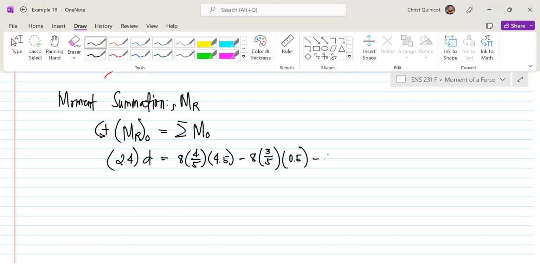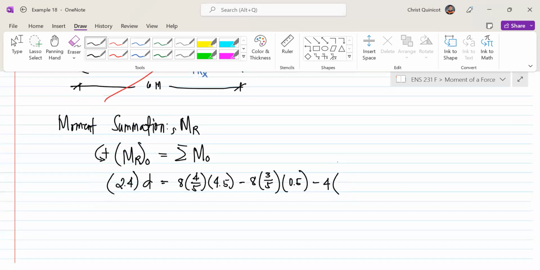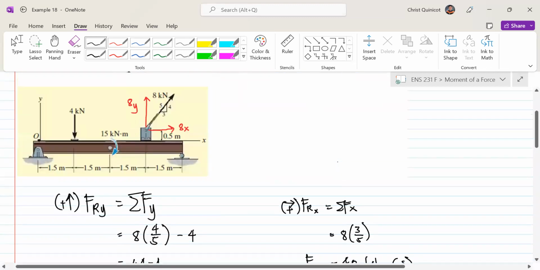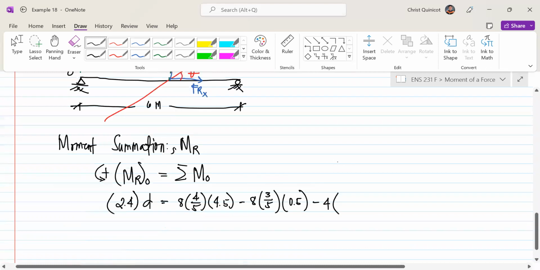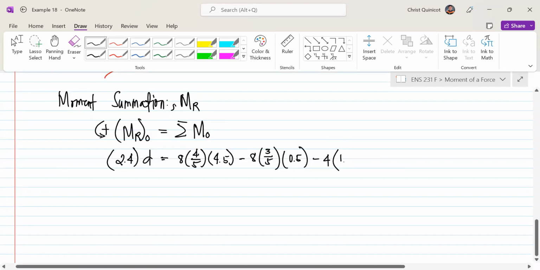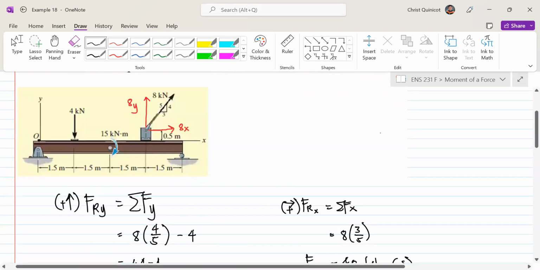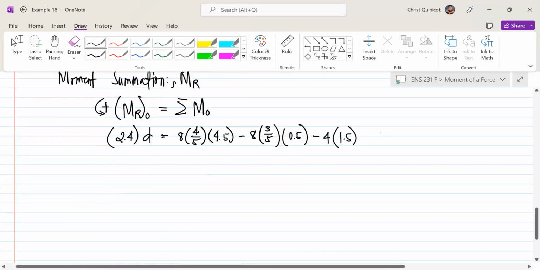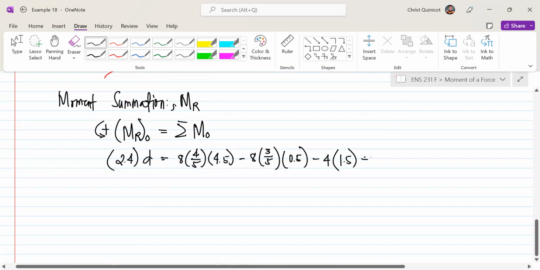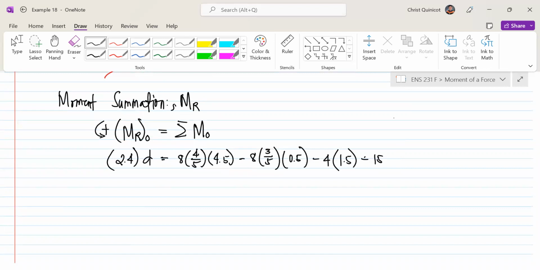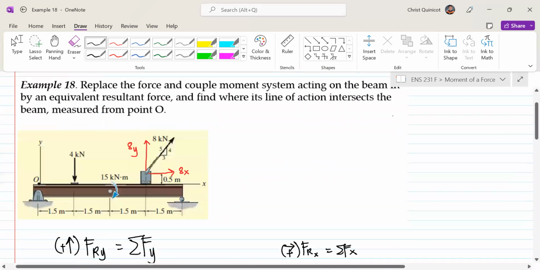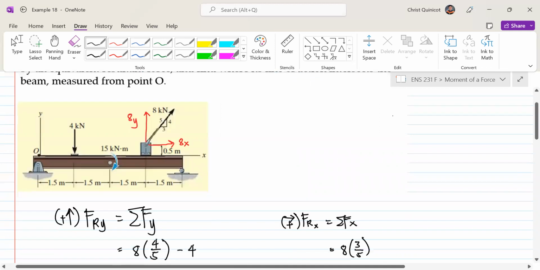And then minus our 4 kilonewton, which acts at 1.5 meters from point O, so that's 1.5. And then our couple, which is clockwise, 15 kilonewton meter, so minus 15.